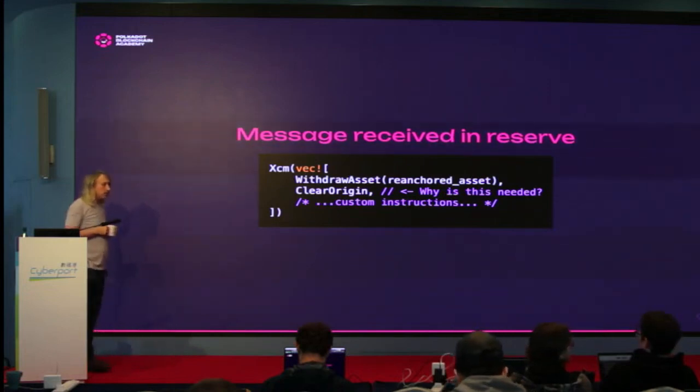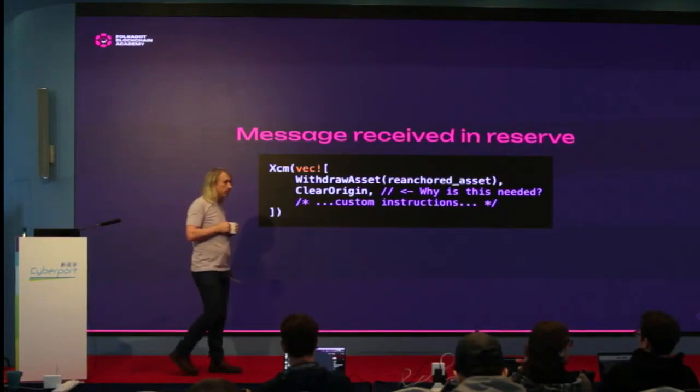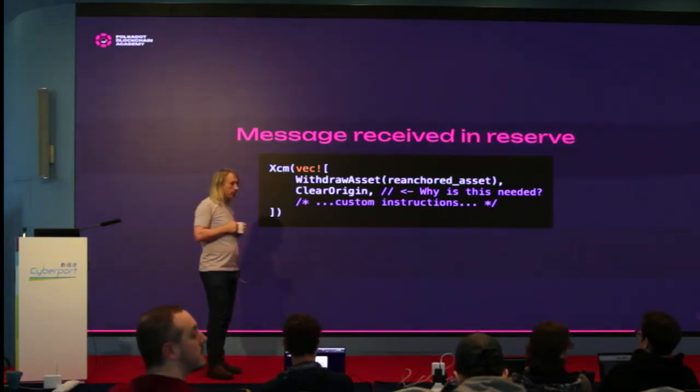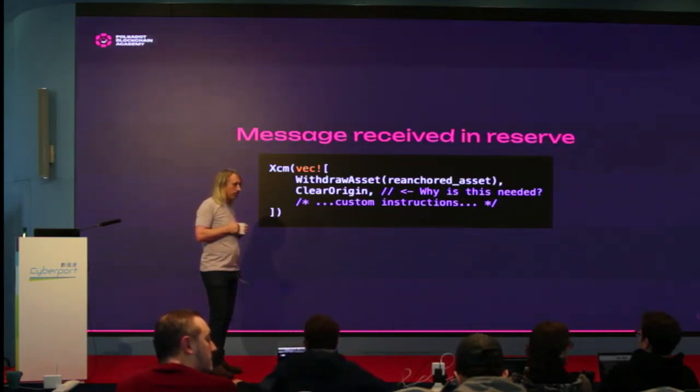Yeah, so my question is on the clear origin, and also I wanted to ask about the descend origin in the XCM context. As I said, clear origin puts the origin to none. It means even in the XCM context, the origin is set to none. But what if the destination chain wants to know the account origin, not the chain origin, but the account ID?